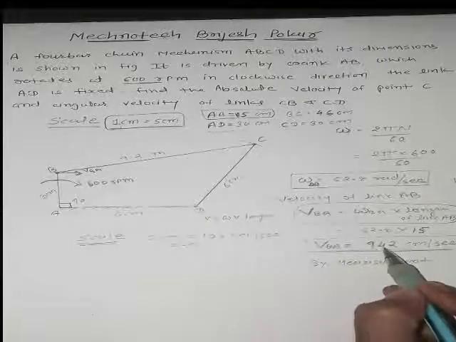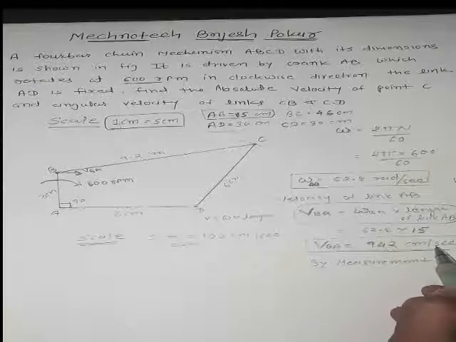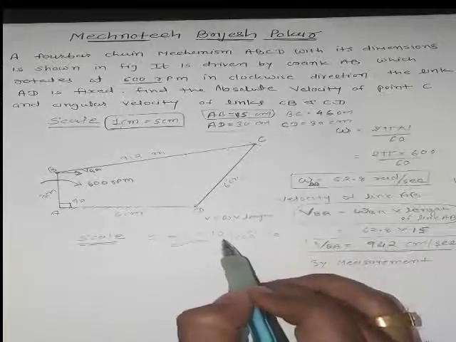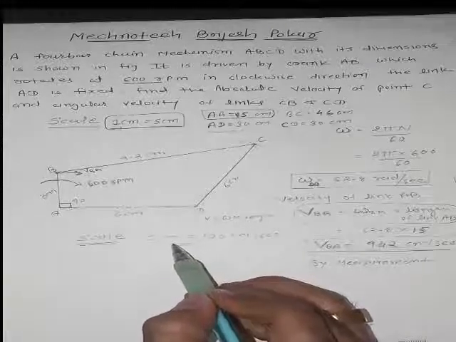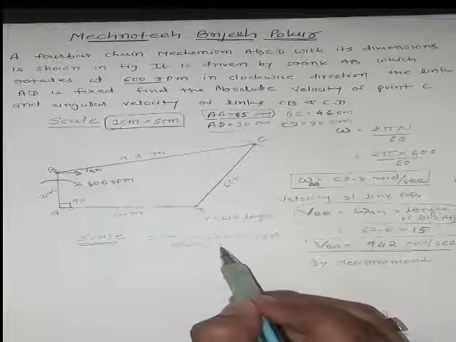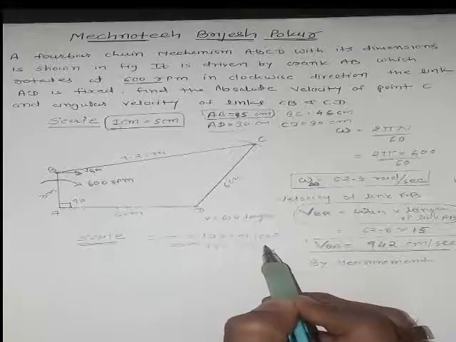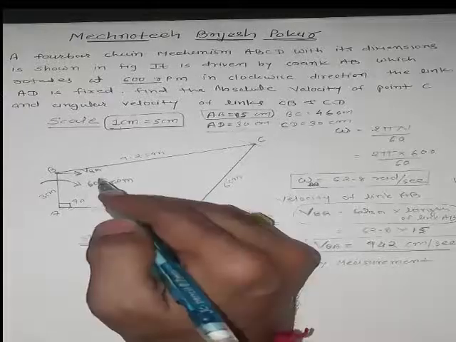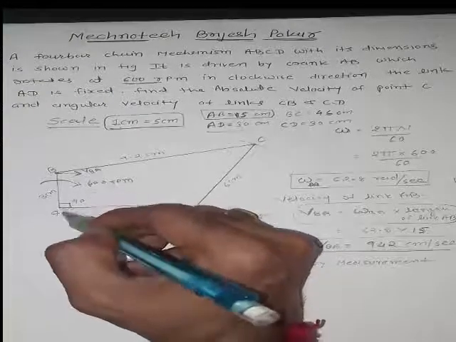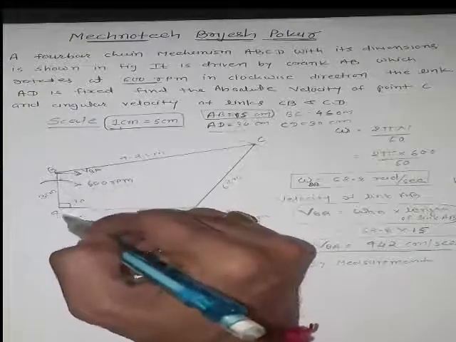Here the velocity is 942 centimeter per second. We consider 100 centimeter per second equal to 1 centimeter. So 942 centimeter per second is 9.4 centimeter.